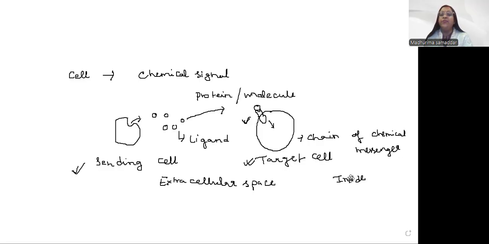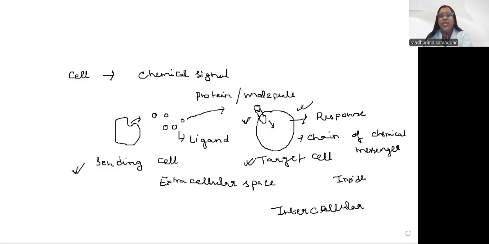So the message first goes from one cell to the other, that is intercellular, and then it passes within the cell, intracellular, and ultimately the response is produced by the cell.